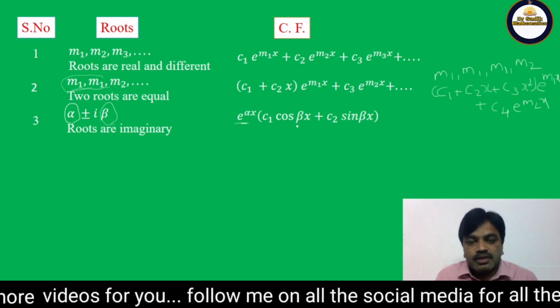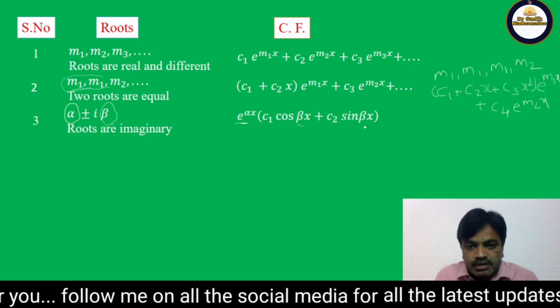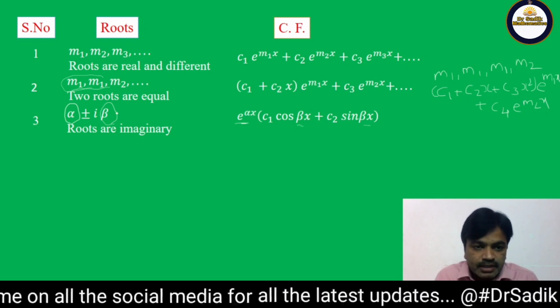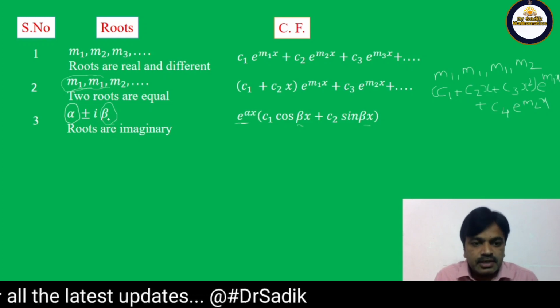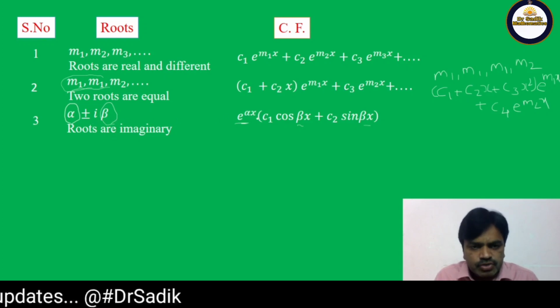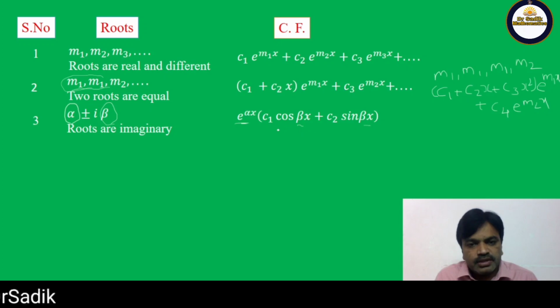Please remember, in cos and sin you have to write the coefficient of i. If it is beta, you write beta. If it is 2, write 2. Clear? c1 cos beta x plus c2 sin beta x.